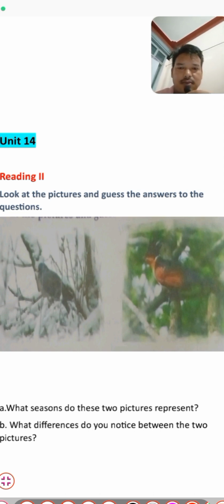In the first picture, we can see there is snow all around, and it's a sign of cold. It's a winter sign, and there is little daylight and limited plant life, and that's why it's winter. In the second picture, it's springtime, and there are lush green leaves on the trees, and cuckoos are sitting and singing.